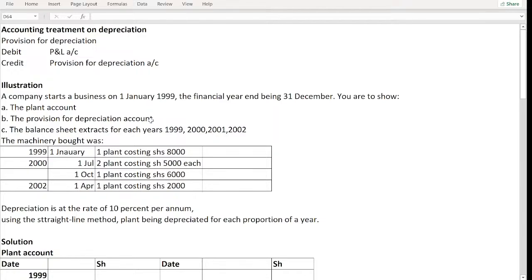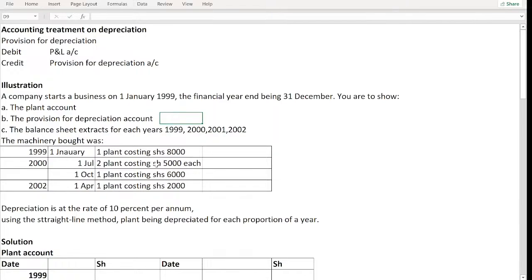A company starts a business on 1st January 1999, and the financial year ends on 31st December. Here you are to show the plant account, provision for depreciation account, and then the balance sheet extract for each year: 1999, 2000, 2001, and 2002. The machinery bought on 1st January 1999 was for 8,000.